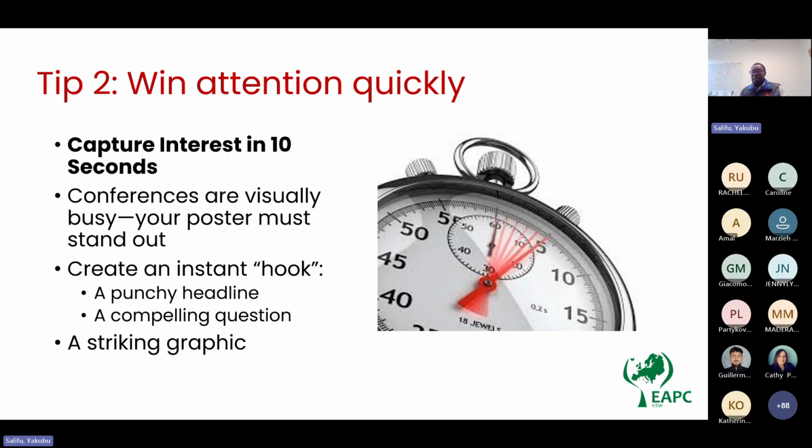And here again, the key message that you want to convey needs to be very evident, either in the title or in the way you've designed it. But I'll swing back to that in a subsequent slide to talk in more detail about it. One other way to win people's attention within 10 seconds is the design of your poster.